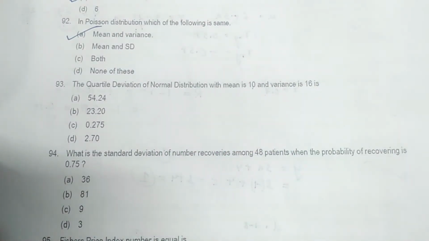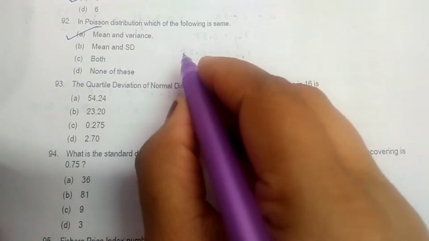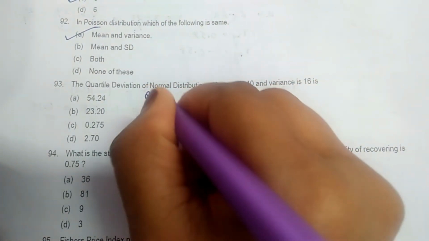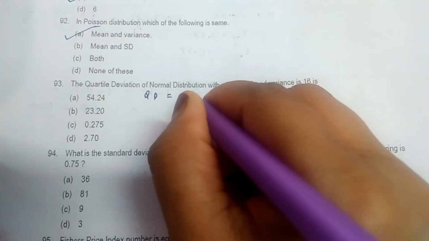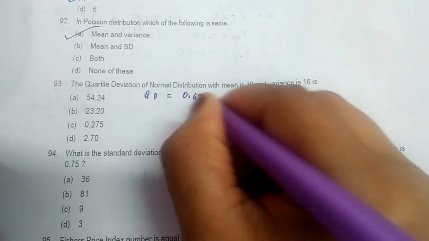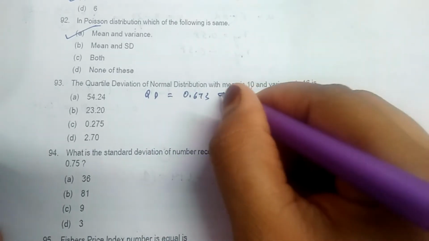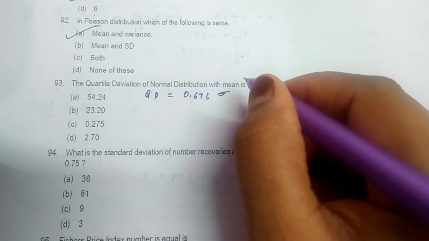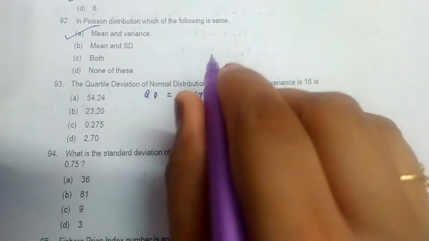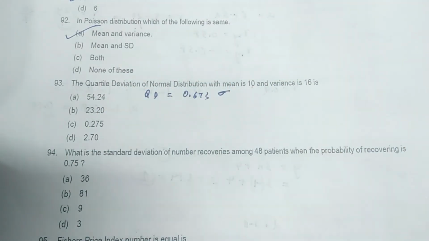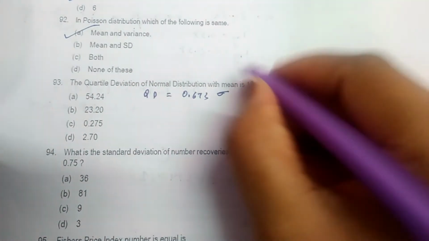So we know that in a normal distribution, the quartile deviation is nothing but 0.673 standard deviation. This is the property we know. So what is given?